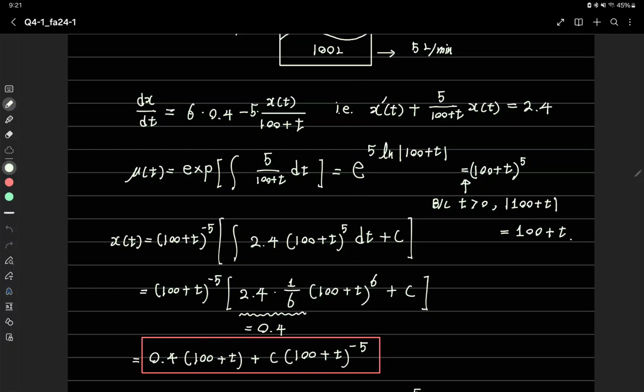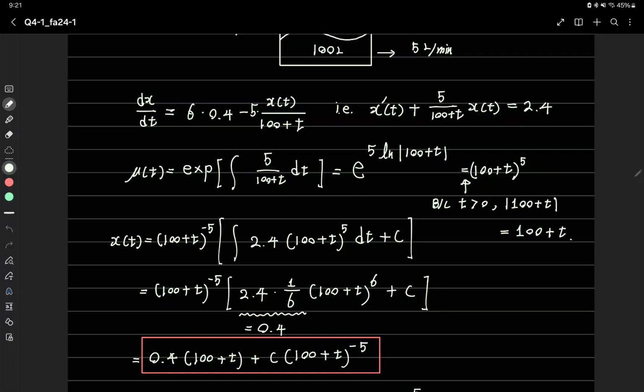Computing this, we get e to the 5 times natural log of the absolute value of 100 plus t, right? But t represents time, so 100 plus t is positive for any choice of t. So we don't need to put the absolute value. I'm going to take it out, and then we can simplify this as 100 plus t to the fifth power, right?